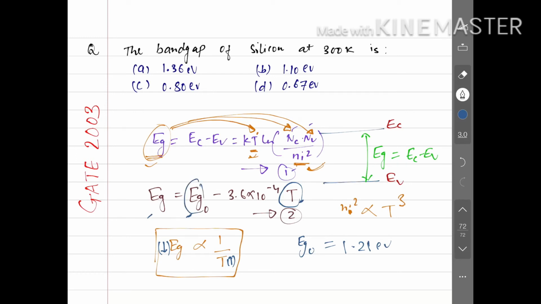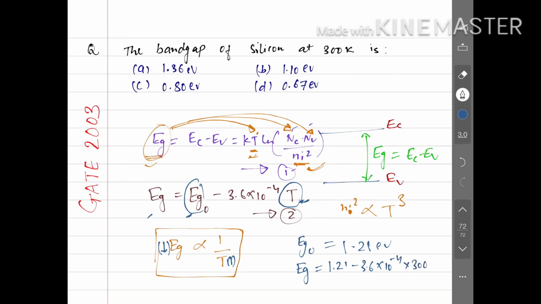Now say I need to find the band gap at temperature 300 K, which is given in this question. I put the value of 300 at the place of T. So Eg is equal to Eg0, which is 1.21 electron volt, minus 3.6 times 10 to the power of minus 4 times 300.